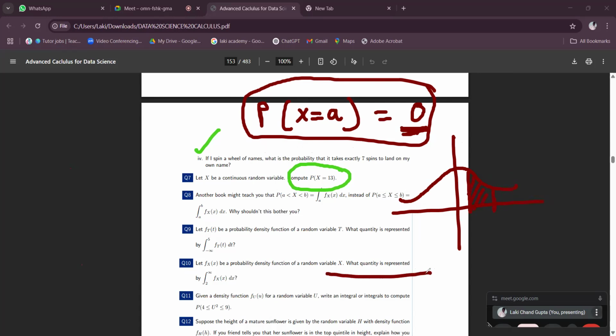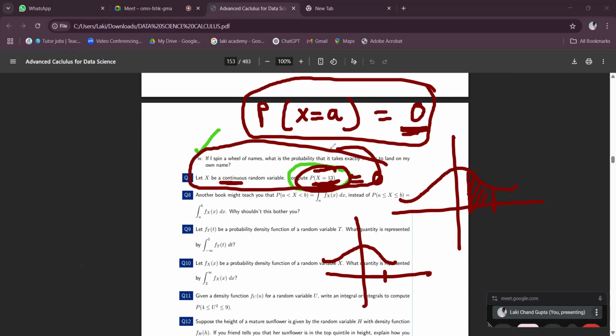You cannot find the probability at that point. This is not a range. This is a discrete value, so the probability is always equal to 0.